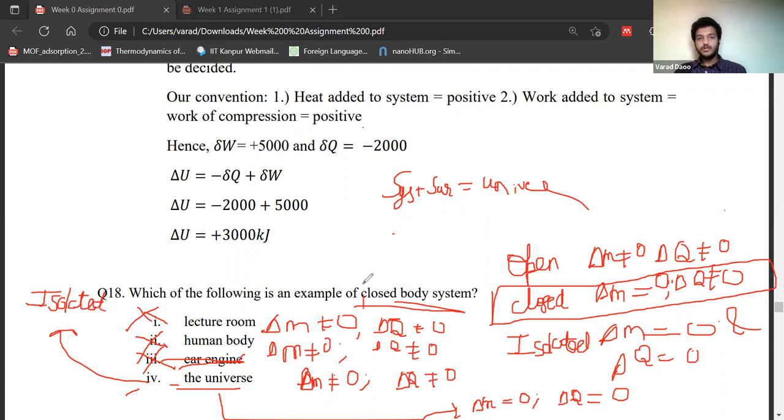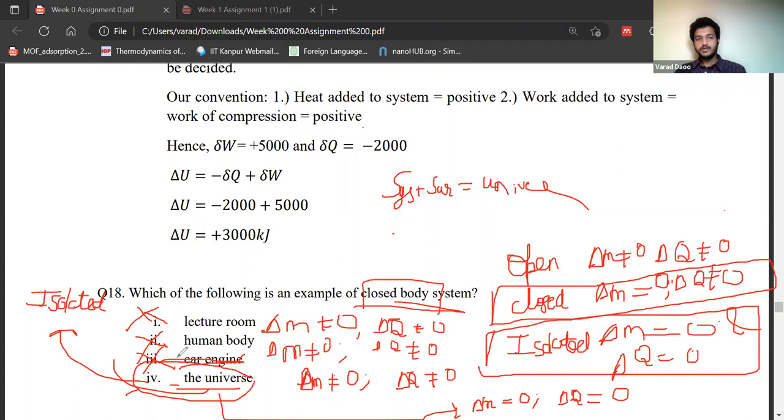But what we want is a closed system. So it appears that none of the options are correct. However, that is not so. If you look closely at the definition of closed system and isolated system, you will find that closed system is a subset of isolated system. That's why all closed systems we can say are isolated. That means option 4 is correct, right?